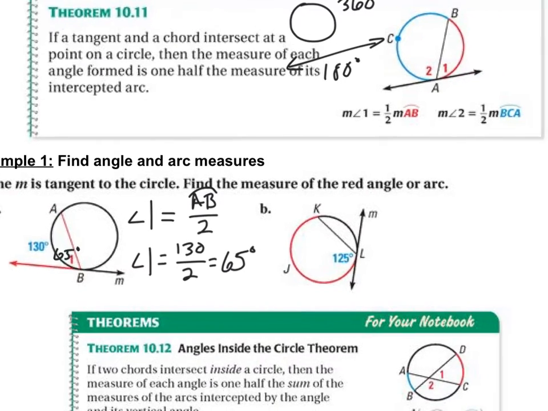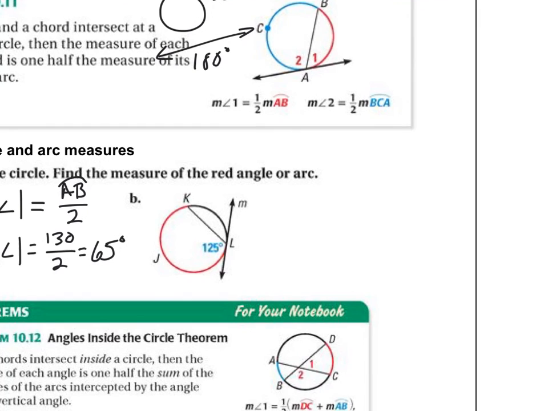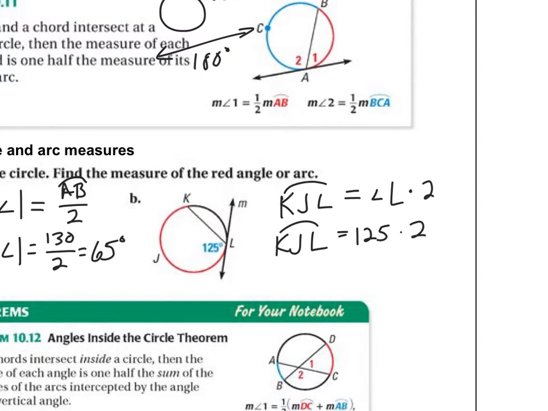Now on the other hand, if we look at example B here, we are trying to find the arc. So we are trying to find arc KJL, and that is going to be equal to angle L times 2. So KJL will be equal to 125 times 2.